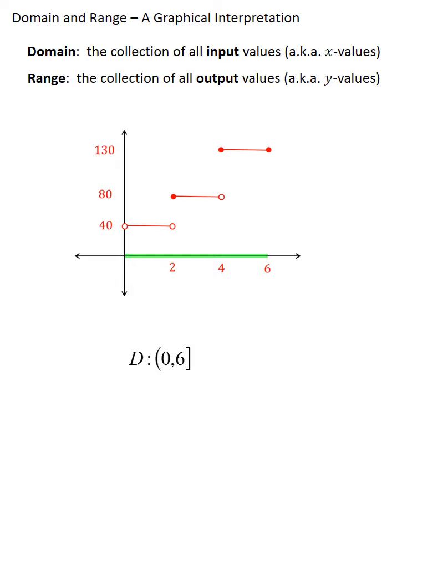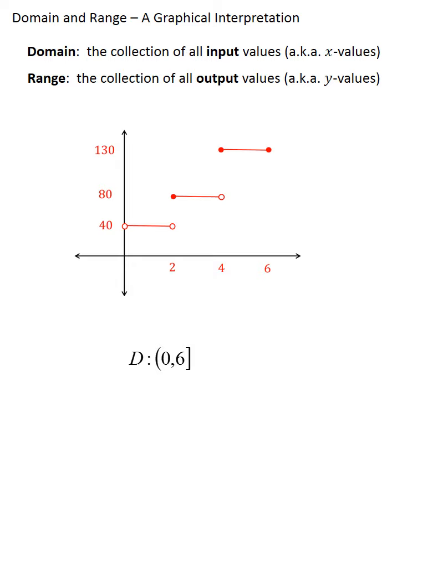You'll notice the open circle on the far left side of the graph means that this graph does not contain the point (0, 40). In terms of your job, in terms of that example, if that were part of this, that would mean that you don't get any pay. There's no issue of pay if you work 0 hours.